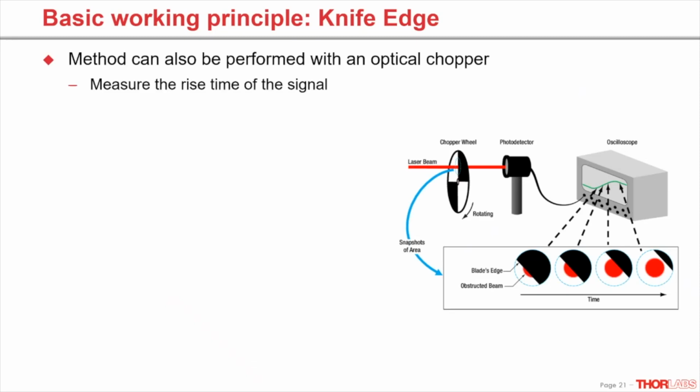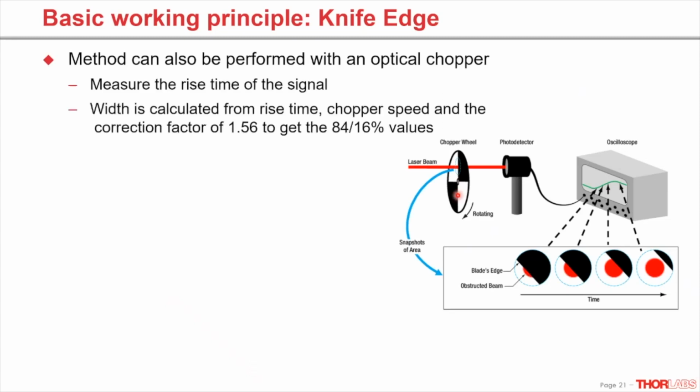Manually moving the slit with exact measurement of the power and the position with a micrometer is a bit elaborate. To automate the method, it is possible to use an optical chopper instead. The laser beam is measured with an amplified photodetector connected to an oscilloscope, where you can use the direct measurement function of rise and fall time.